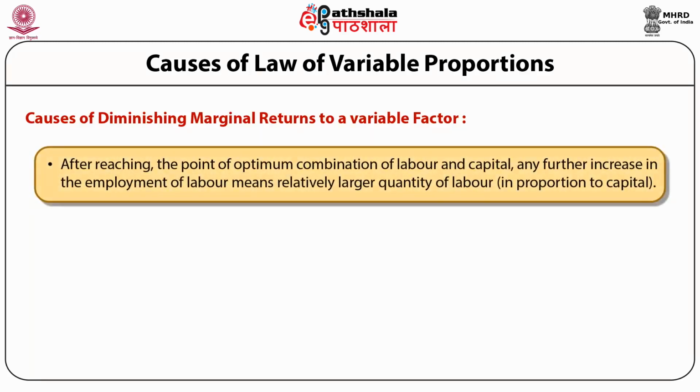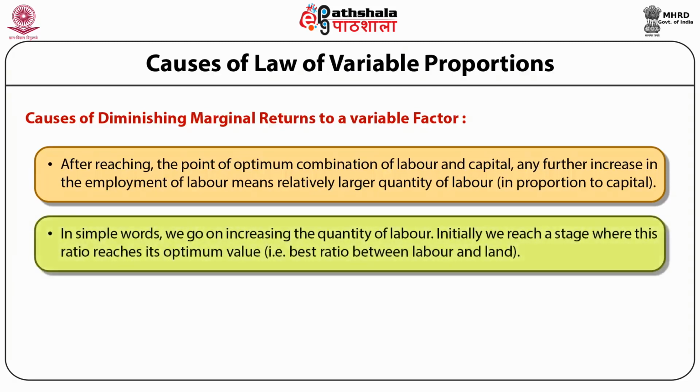After reaching the point of optimum combination of labor and capital, any further increase in the employment of labor means relatively large quantity of labor, that is in proportion to capital.